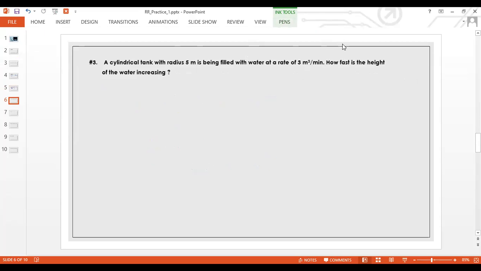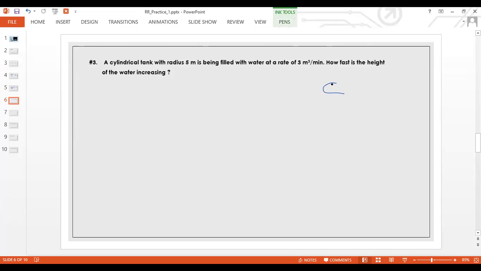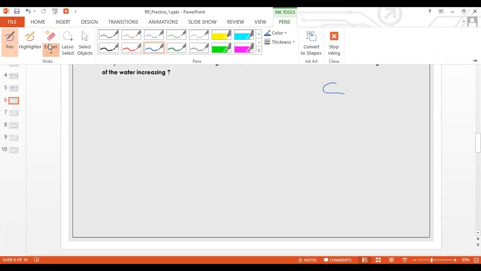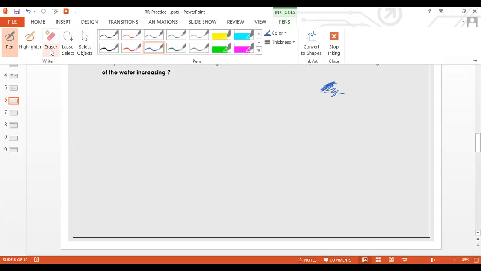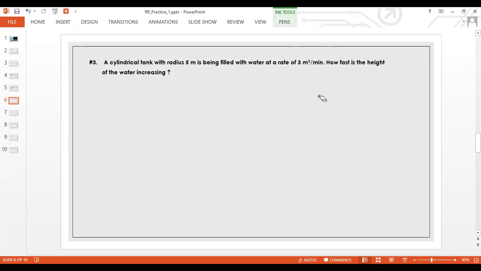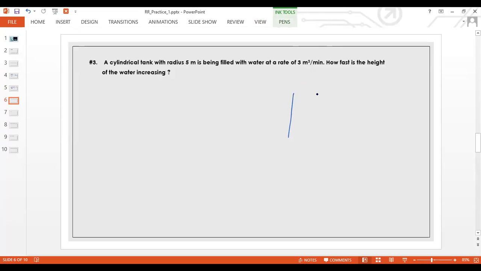cylindrical tank, so it's a cylinder with a radius of 5 meters being filled with water. Okay, so now I have a cylinder tank here.